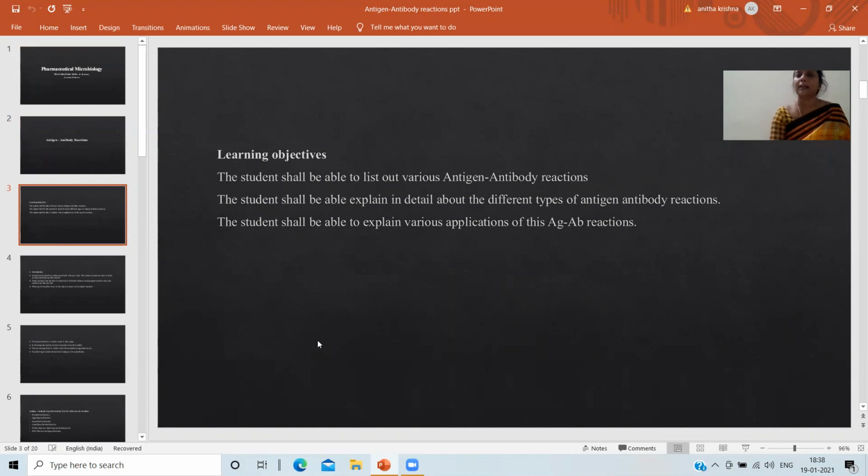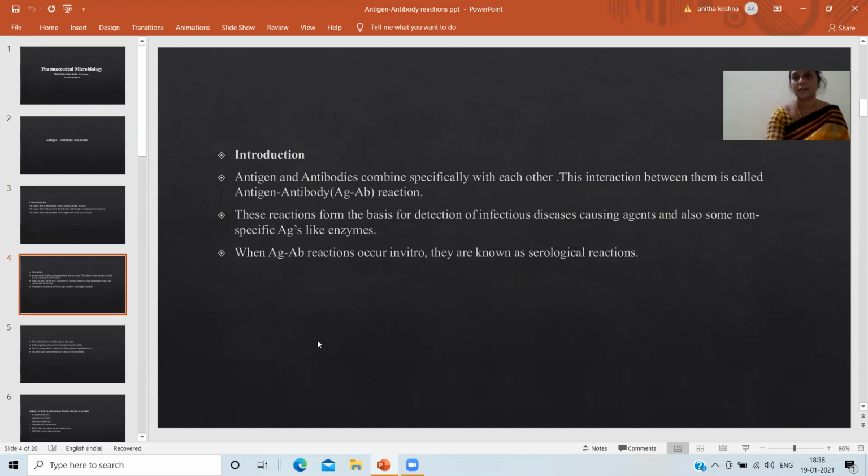Along with that, the student shall be in a position to explain the different applications of these antigen antibody reactions, where exactly you use them, why they are useful to us, and where in our day-to-day practical life we are going to use them. Now entering into your main topic, that is antigen antibody reaction.